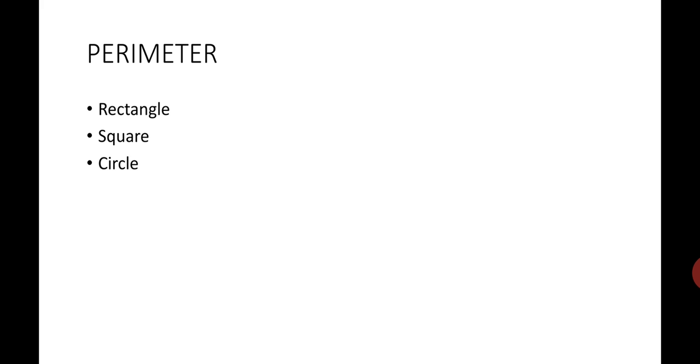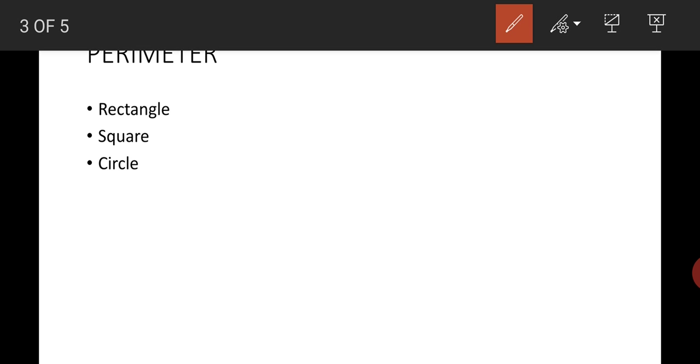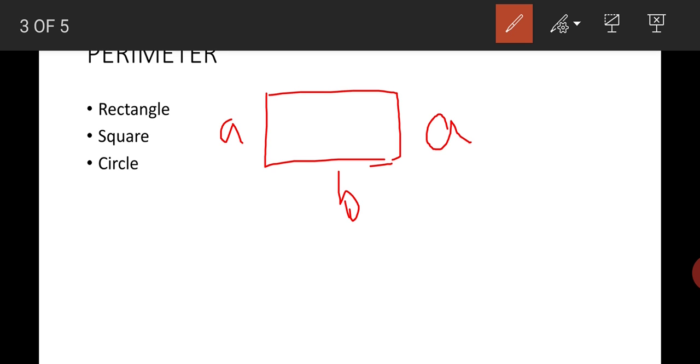For example, in the case of a rectangle, the sides of the rectangle are a and b. Then what will be the perimeter? This side will also be a and this side will be b. Then the perimeter will be a plus b plus a plus b, which means the total length of the rectangle.